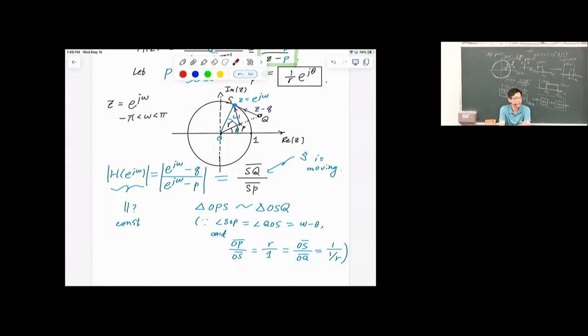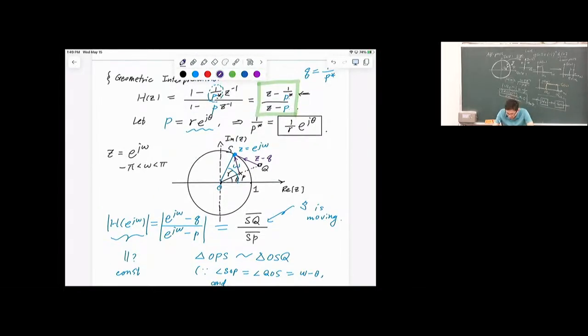So no matter how you change to the next ω, now S moves. Doesn't matter. When you move S to the next location, you still have the same result. Now OS becomes this, and QS becomes that.